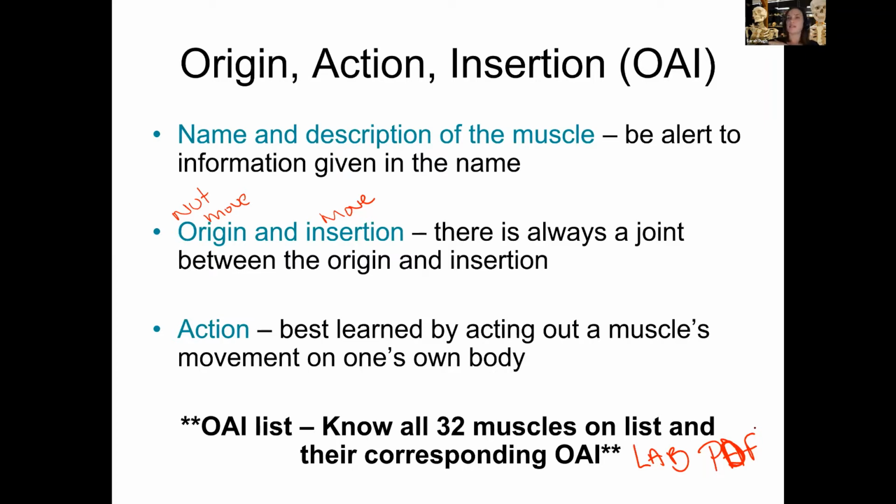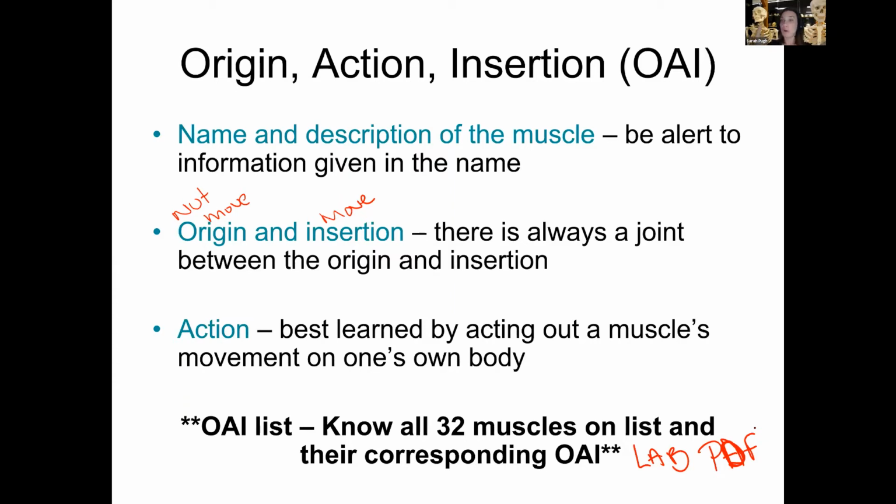And it says, okay, the origin of the bicep is up the coracoid process. That's the origin, and the insertion is down on the radius and the ulna. And the action is to flex the arm at the elbow. You're acting it out. So you're going to point at the origin, point at the insertion, and then act out that action. That is the best way to learn these.